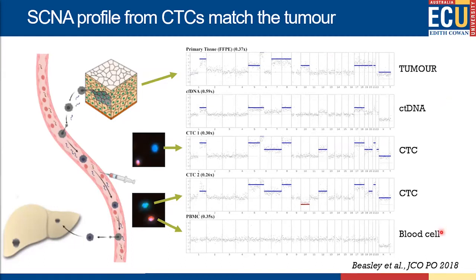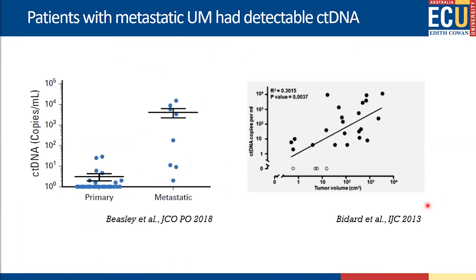And the fact that we don't observe these alterations in blood cells explains the idea that we can use the specificity of this test to define these copy number alterations that provide a risk stratification in these patients. On the other hand, circulating tumor DNA is pieces of DNA derived from the tumor as these cells break down and are found in the bloodstream.